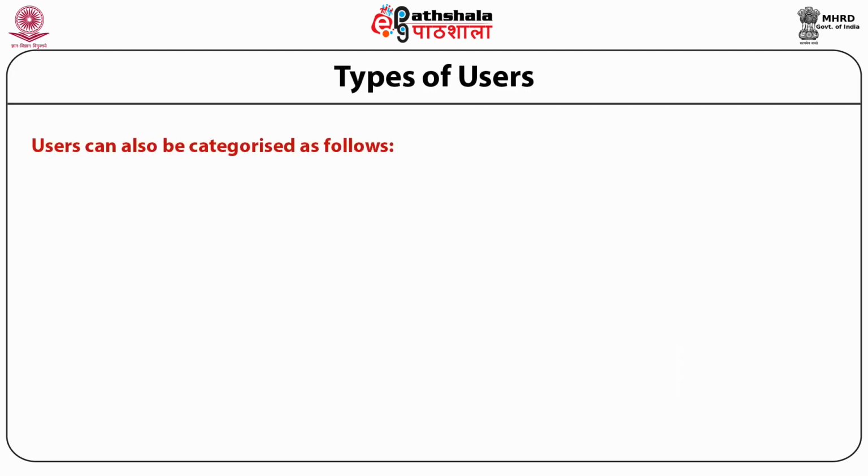Users can also be categorized in another way, that is, they could be students, graduate students, postgraduate students, MPhil students, PhD students. Teachers is another type of users. Teachers could be for undergraduate classes, for postgraduate classes, or teachers could be new recruits or the experienced ones.